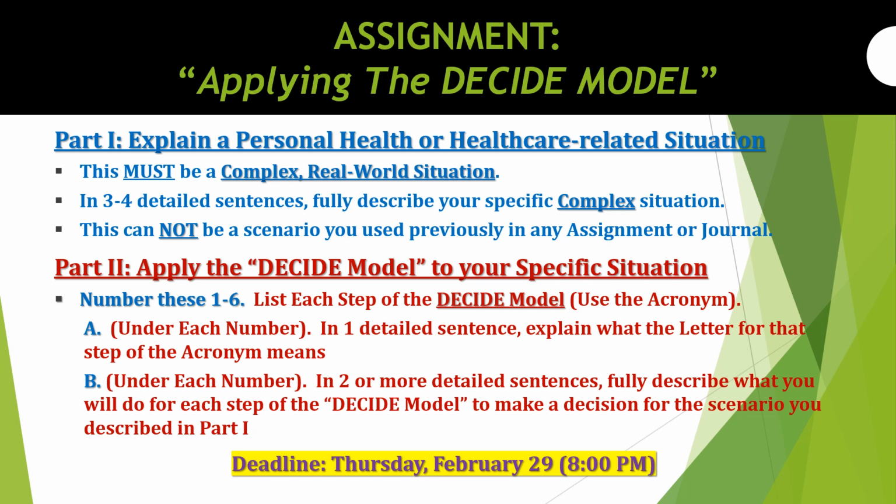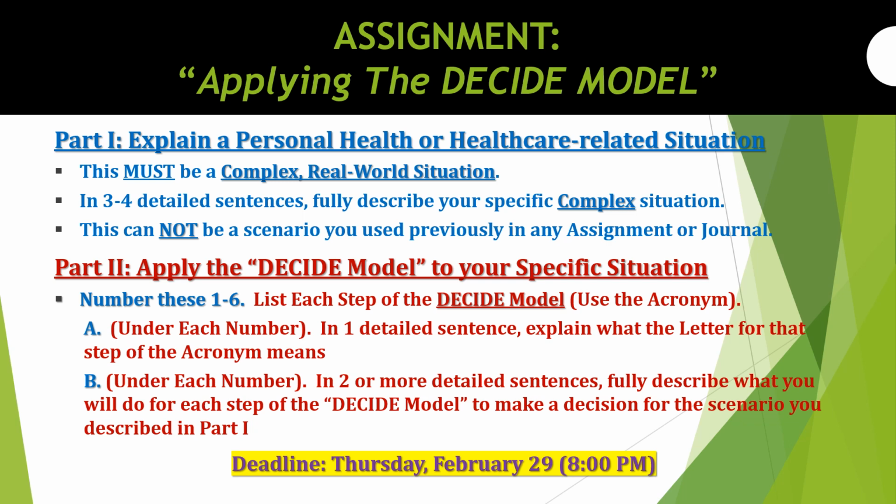You'll explain what the E is in one sentence. And then B, you're going to explain what you would do for your complex real world scenario. So you'll continue that all the way through the whole DECIDE model. The only thing that would be different is for B, in the part where you have to consider the alternatives, you need to have at least 3 alternatives.